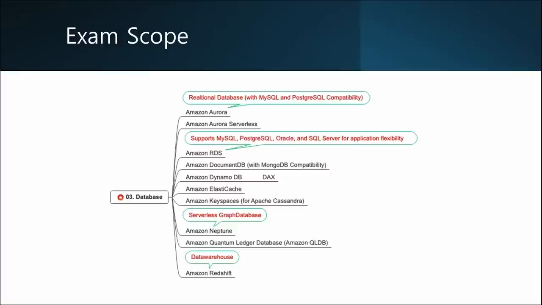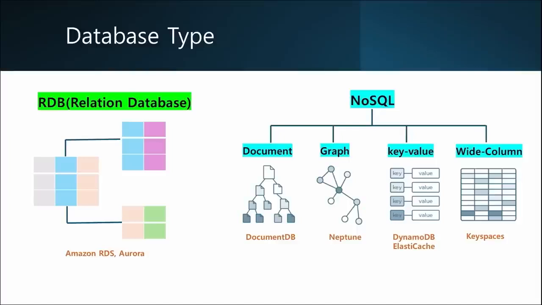First, let's look at the database service topic map. Databases are broadly divided into 4 types: RDB, NoSQL, LedgerDB, and Data Warehouse. Let's take a closer look at the services provided by AWS for each database type. Before looking at AWS services, let's first understand database types. There are 4 types of databases.